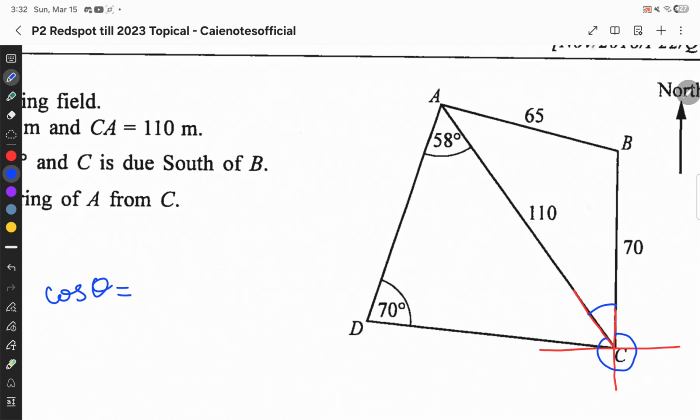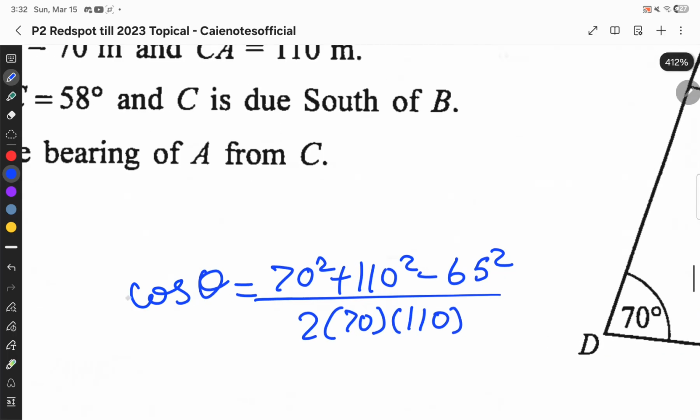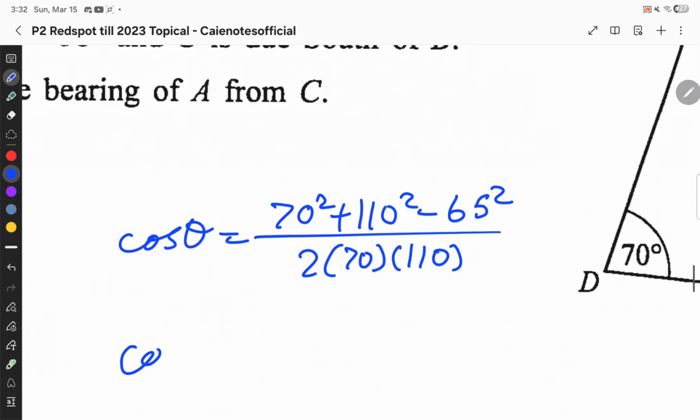Cosine of theta is equal to 70 squared plus 110 squared minus 65 squared, all over 2 times 70 times 110, and we obviously take inverse cosine. So theta is equal to... let's compute this first, which is about 0.829.